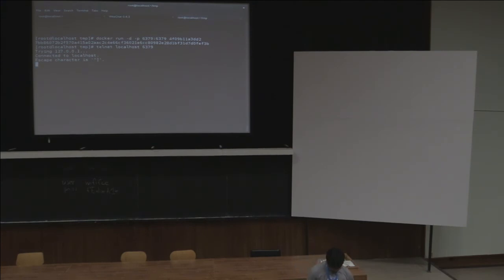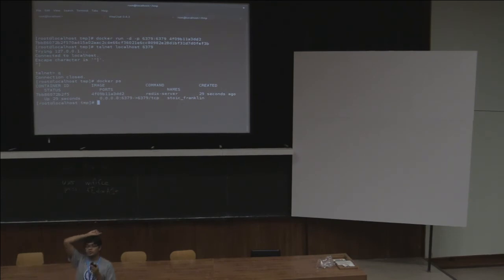Another way to verify that this actually works is when you do Docker PS, it's going to tell you that on my local machine 0.0.0.0:6379 is actually pointing to the 6379 TCP port of Docker, right? So you can check from here as well.